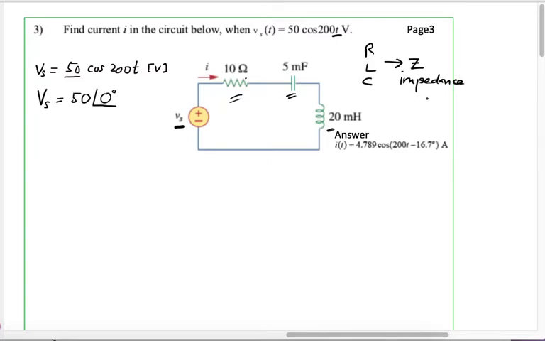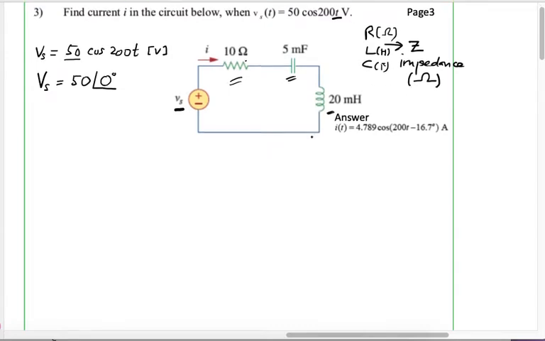The unit of impedance is ohm, just like a resistor. For a resistor, the unit is ohm. Inductor unit is Henry. Capacitor, the unit is farad. So we're going to change all into an impedance, and this impedance will have a unit of ohm.